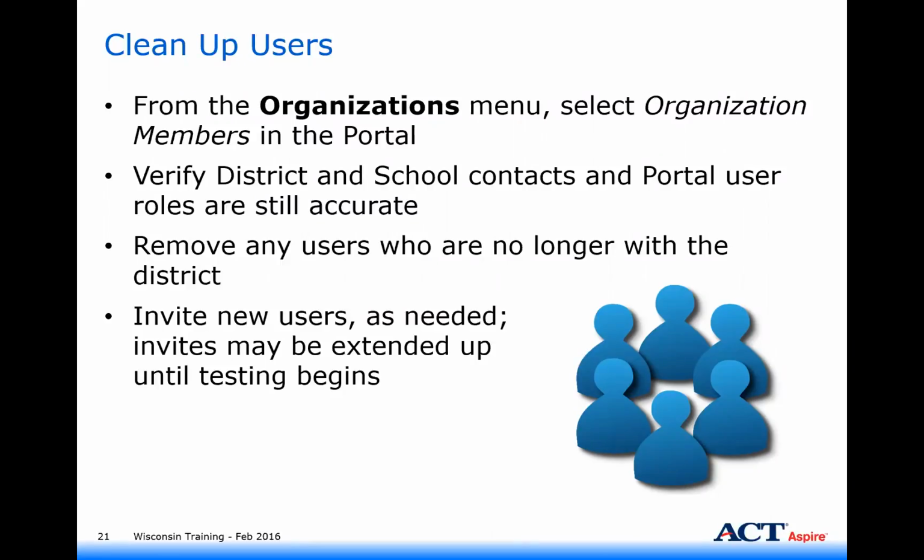You need to verify that your district and school contacts are still accurate and that users have the correct portal roles. There's only one administrator at the district level, and this person was designated in the organizational file provided by DPI to ACT Aspire. And then at the school level, there should be only one administrator and one test coordinator. And then the rest of the staff should be assigned to test sessions as room supervisors.